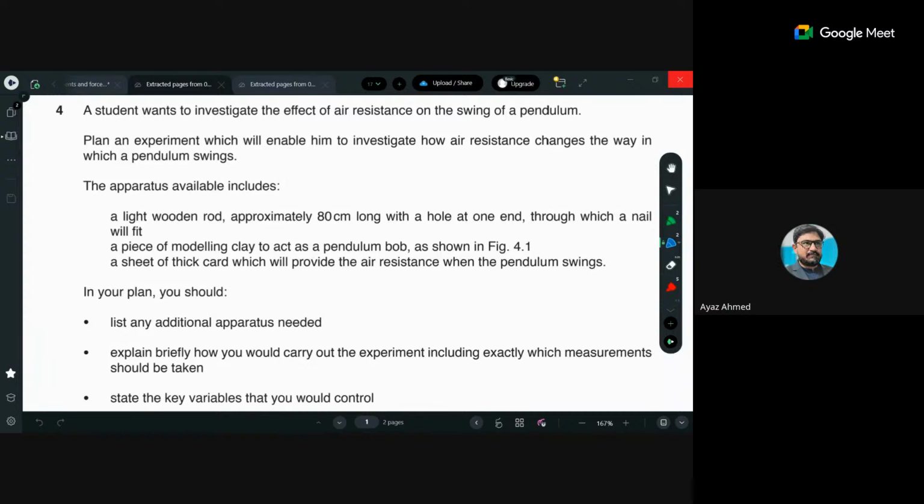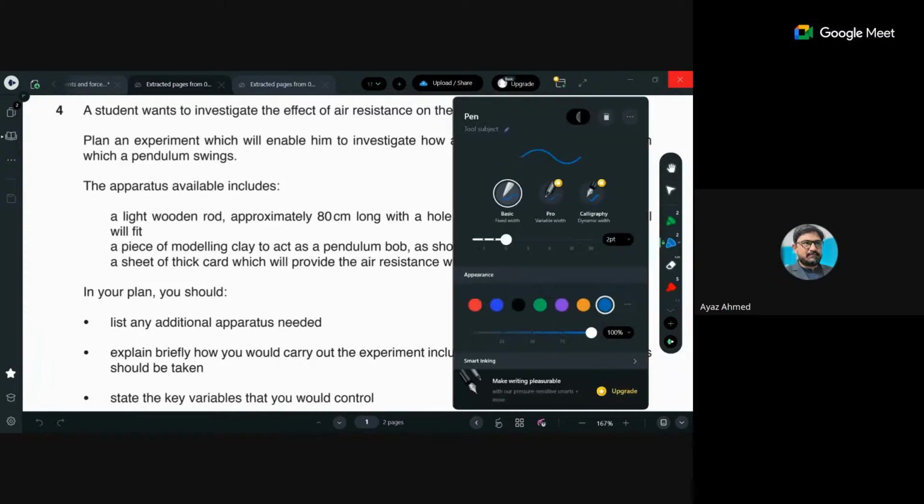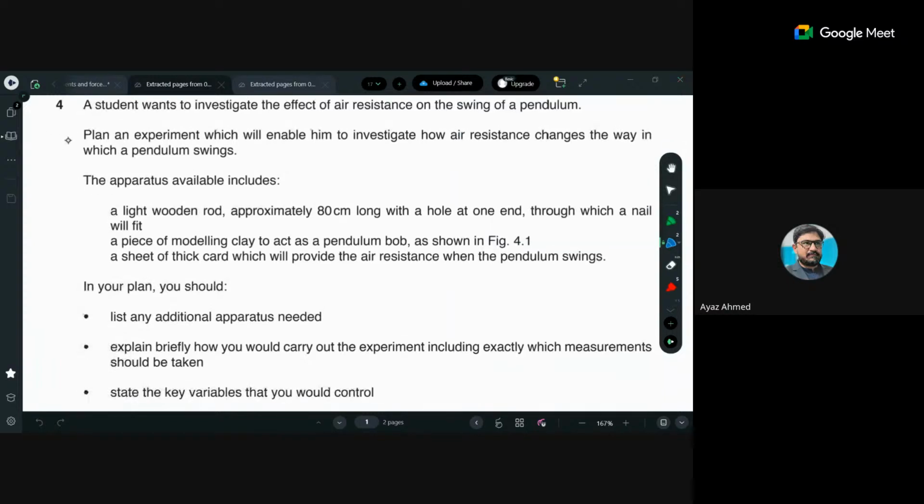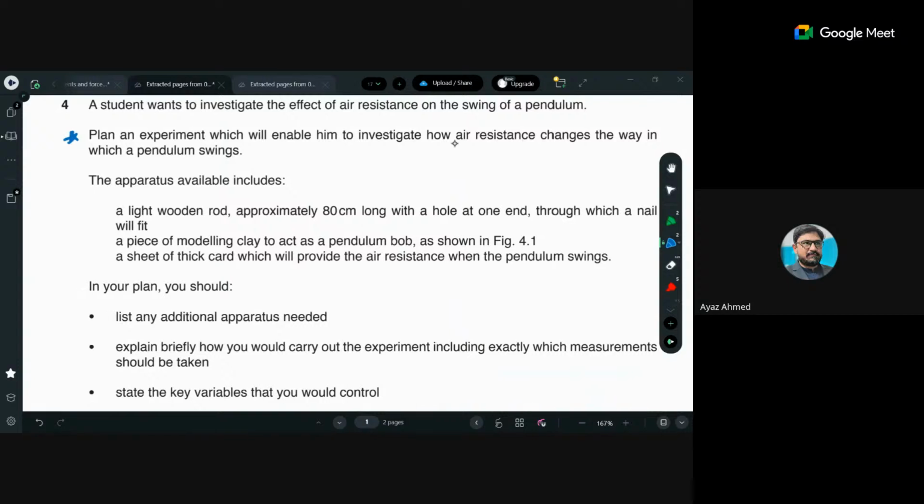Isn't it your daily life observation? So to prove that observation, or to identify the outcomes, this is your instruction: plan an experiment which enables him to investigate how air resistance changes the way in which the pendulum swings.